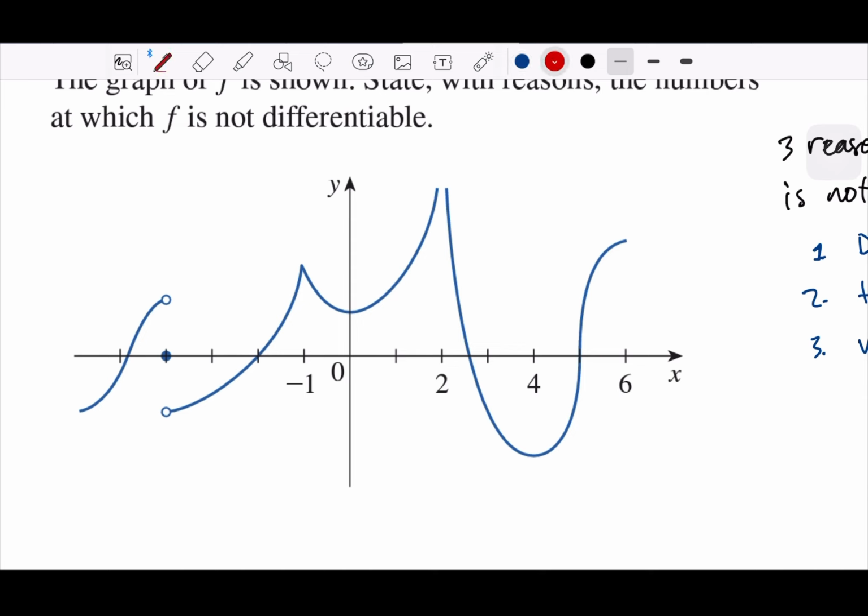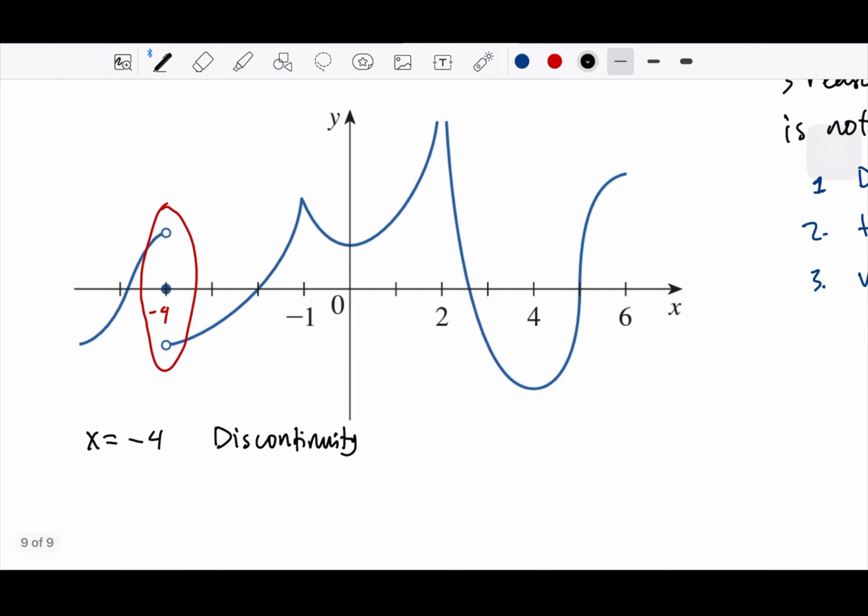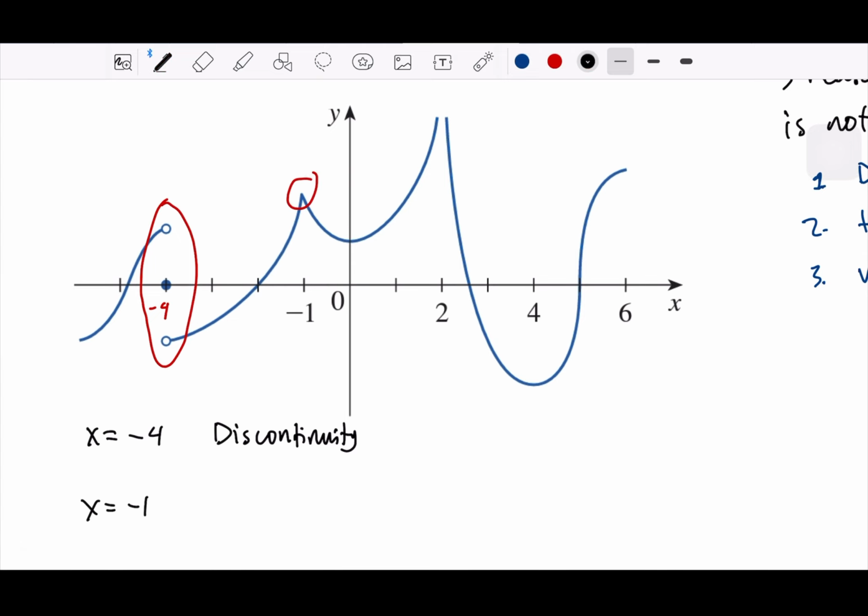So let's dive into our graphs. Of course, from the very first, from the left, we see this discontinuity. So this is 2, 3, this is -4. So when x equals -4, we say this is a discontinuity. And then we also see this part here, which means we have a tip corner.